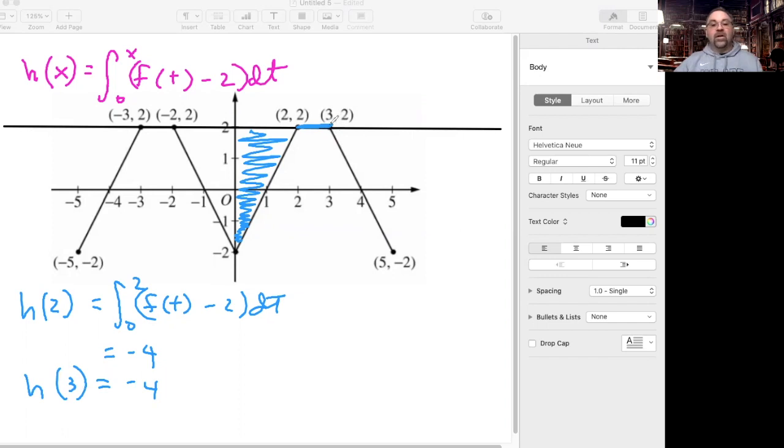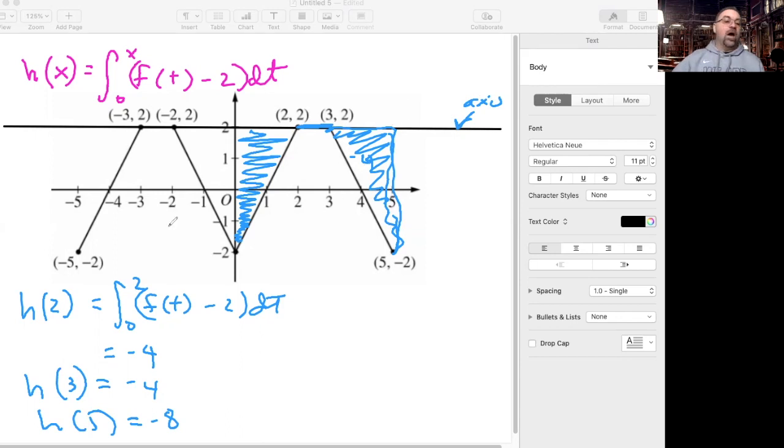And then as I go from 3 to 5, we're going to have another triangle of area 4, but it's below the x-axis. So h of 5 will be -8, because we're below the x-axis all the way down to this point here. Remember, the axis has moved up here. This is our axis now.